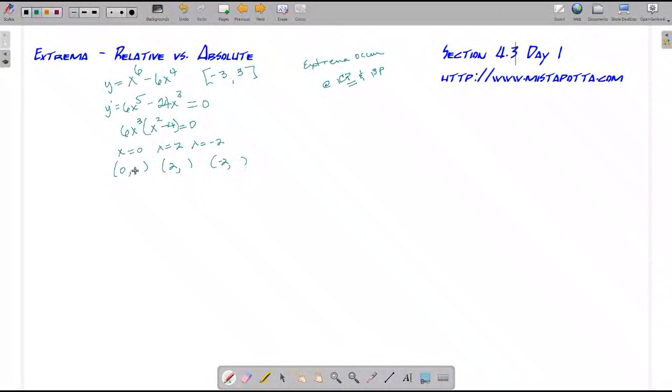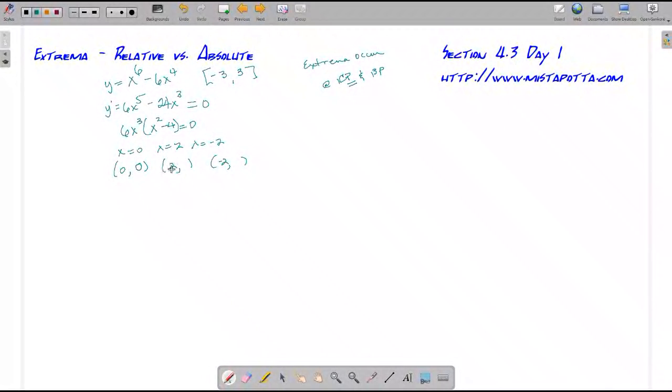And to find out this y value, I need to substitute back into my original formula. So 0 to any power is 0, and when I subtract them, I end up with 0. 2 to the 4th is 16, and 16 times 6 is 96.